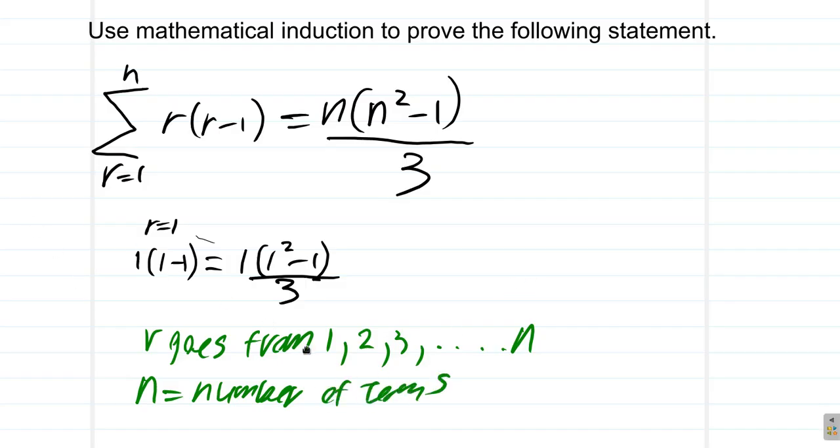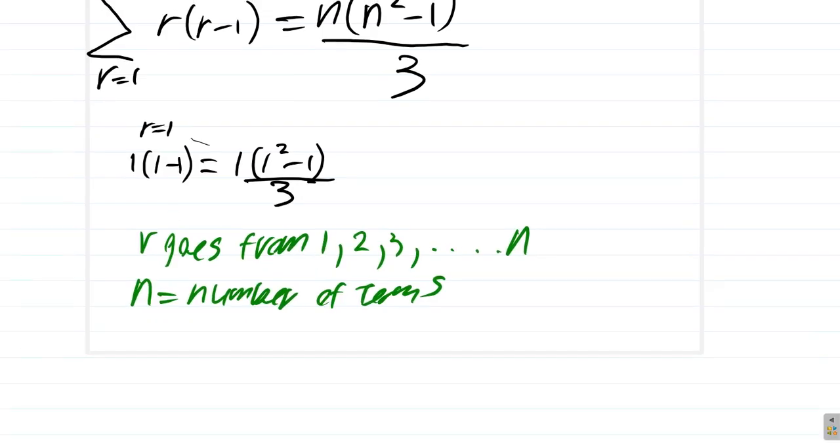Suppose you count up and say r is 2. You have to start at 1 first. So when r is 1, you have 1 times 1 minus 1, plus when r is 2, you have 2 times 2 minus 1, and so on. Well, r is 2. You stop at n, which is 2.